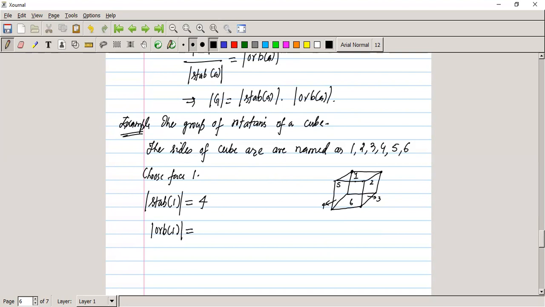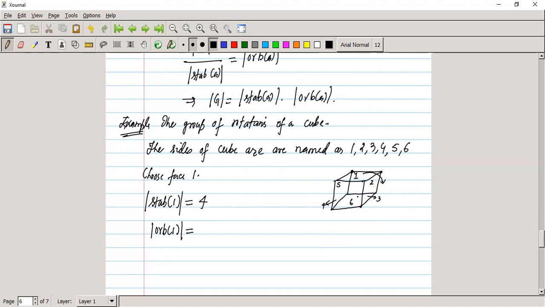Now under rotation we can make a 90-degree rotation towards the right hand side like this, and 1 will be moved into the face 2. Then we can also make a 180-degree rotation in the clockwise direction, and we can see that 1 can be moved into the face 6. So 1 can be moved into 2, 1 can also be moved into 6.